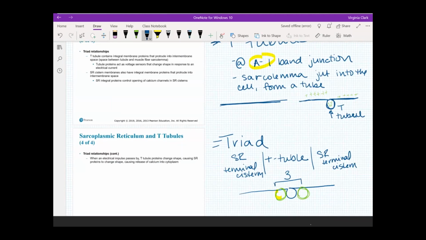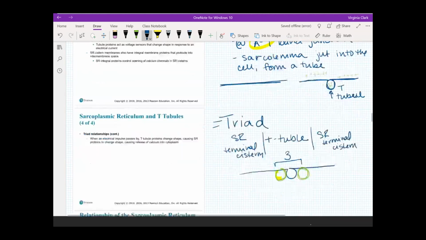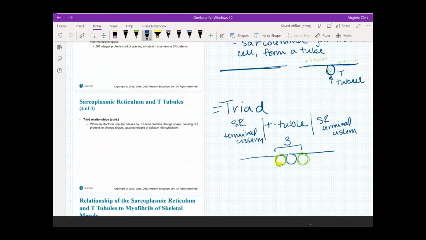That is where you get the triad from. This is inside the cell. So we can have our plasma membrane or our sarcolemma give electrical activity deep inside the cell, and our sarcoplasmic reticulum and our terminal cistern is going to be where we actually store our calcium to release it inside the cell when needed. So to put it all into perspective, that is what is happening.